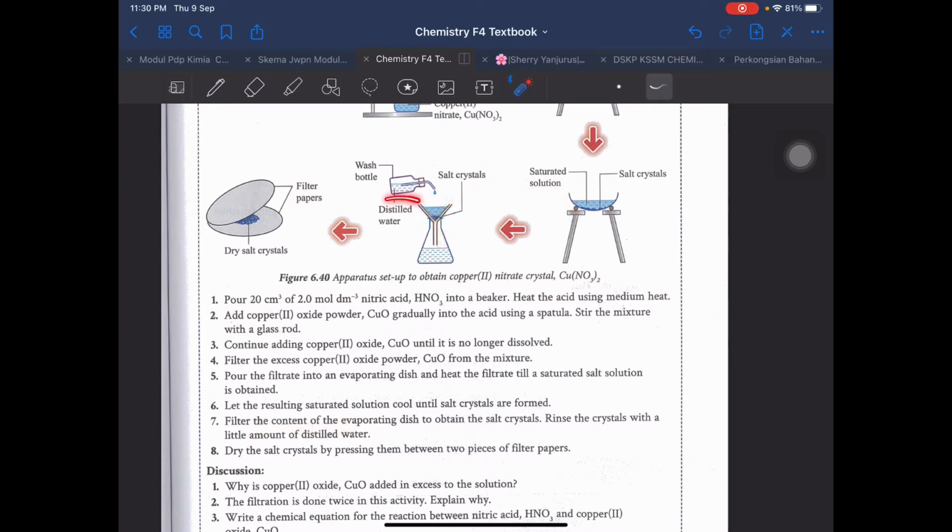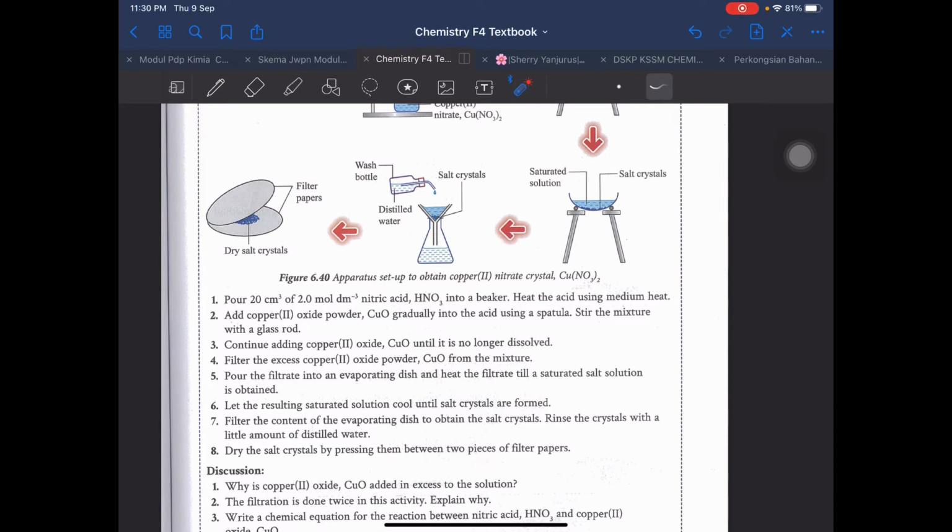Use the wash bottle with distilled water inside. After that, rinse the crystals with a little amount of distilled water. Selepas tu yang tertinggal tu yang sudah filter, yang sudah rinse, dry it using filter paper.